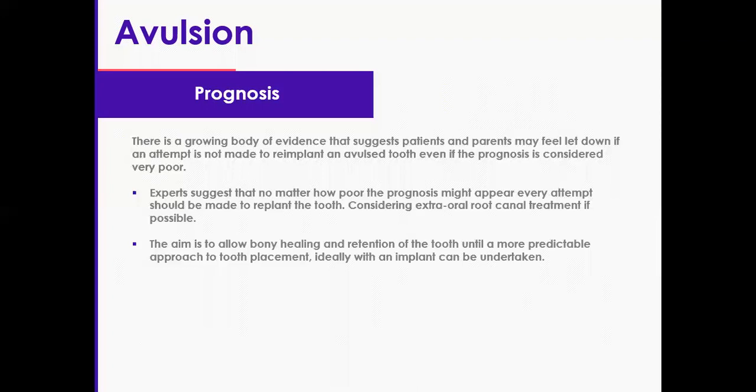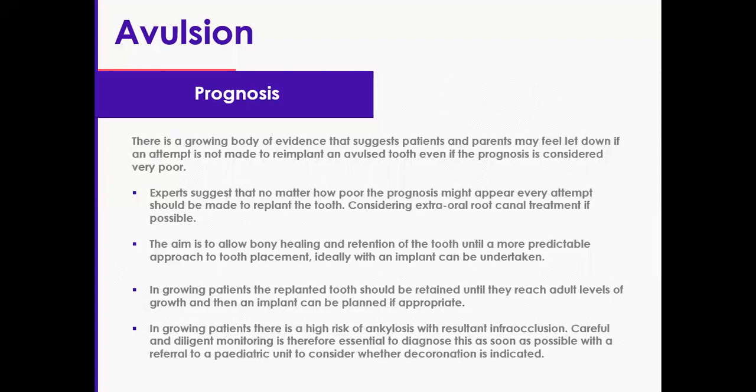The aim is to allow bony healing and tooth retention for as long as possible until a predictable replacement can be done. In teens, you should retain it until they reach adult levels of growth and then consider a definitive replacement if appropriate or required, because it may not be required.